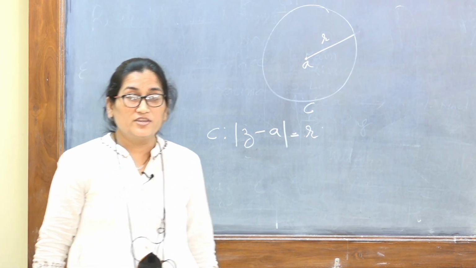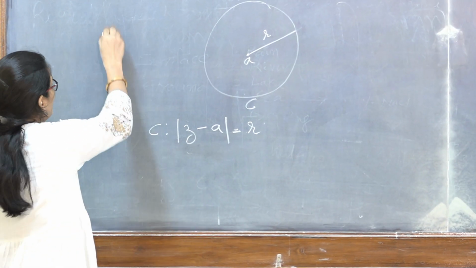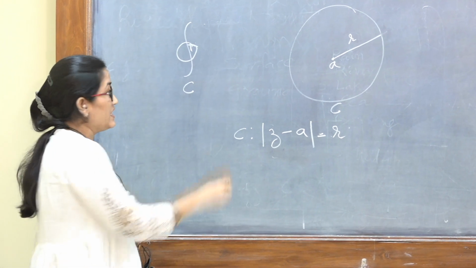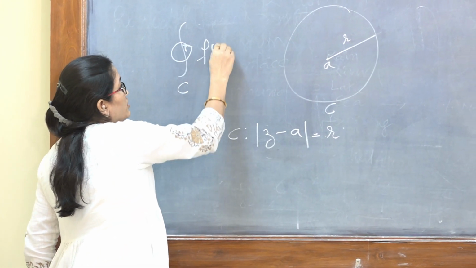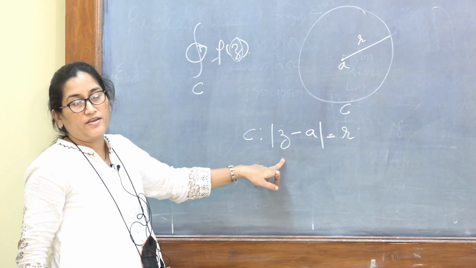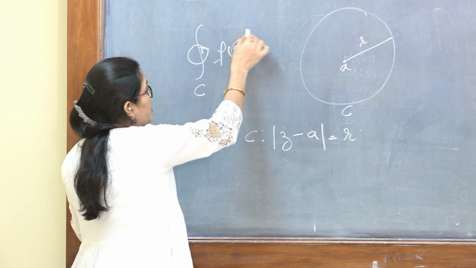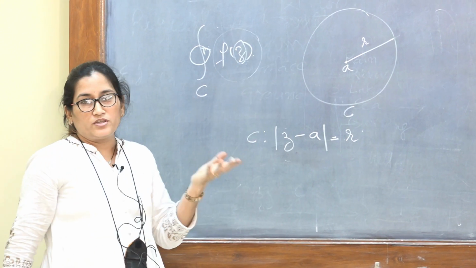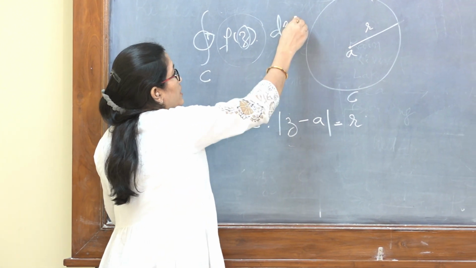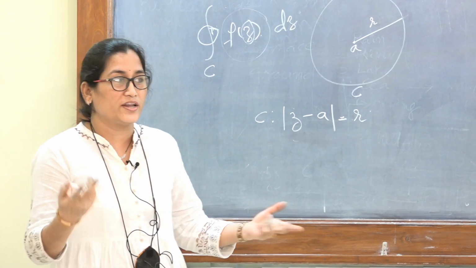Now if you just remember the last class, I have a certain function, this is a positively oriented C, that is its curve, and this is f of Z. A function with a complex variable is a complex function. Now what was my question? What did I prove on that day?